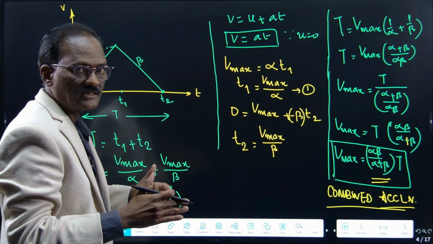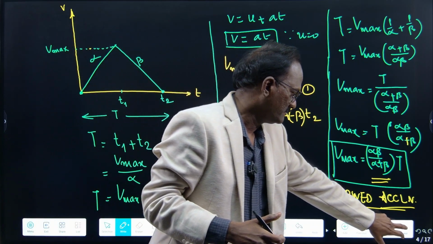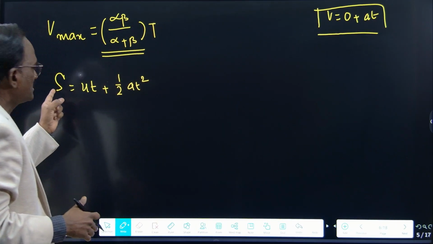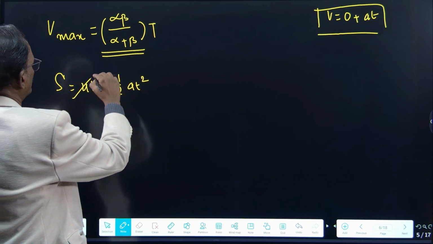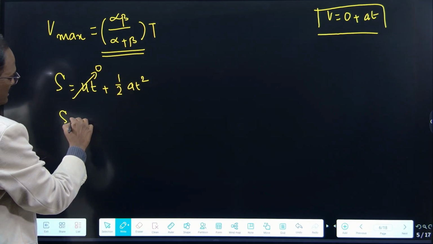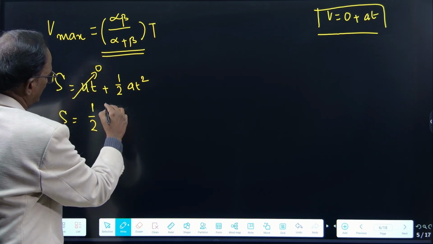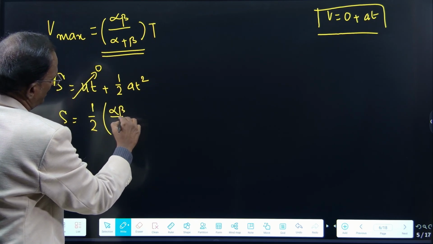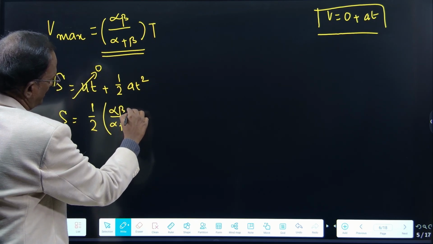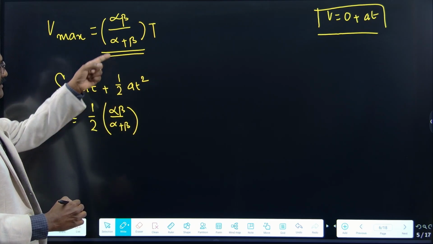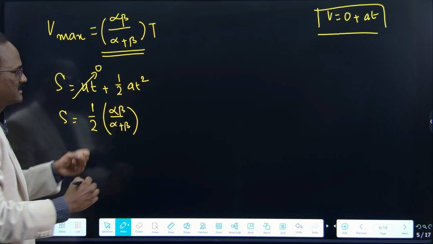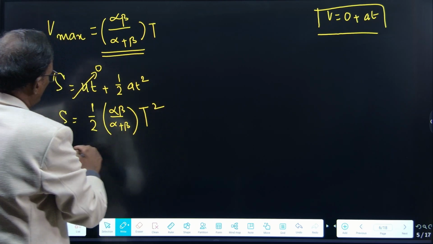What is the distance covered during this time? Distance covered during this time. This U is as usual 0 because it is starting from rest. Half into A, where A is combined acceleration, alpha beta divided by alpha plus beta. Instead of A we are writing combined acceleration. Instead of T we are writing T square.